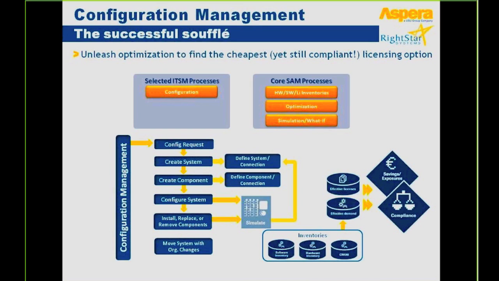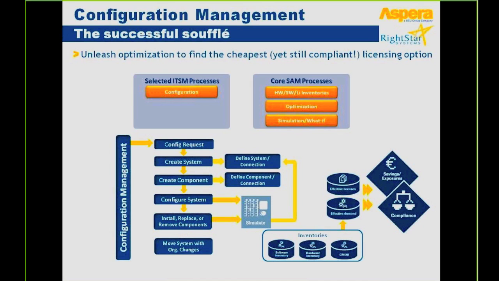So you do what-if scenarios, you simulate what happens. For example, you plan to change to a new type of virtualization. And before you do that, you would use the SAM tool, the mathematics, and find out whether this virtualization compared to the older virtualization is in line with the metric and the contract you have in place.